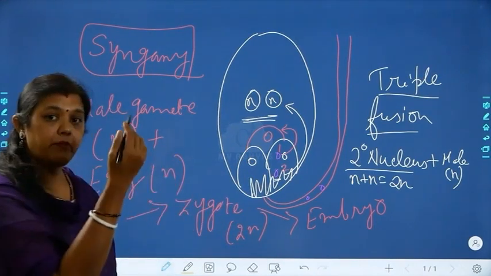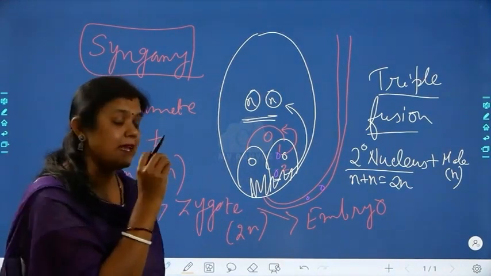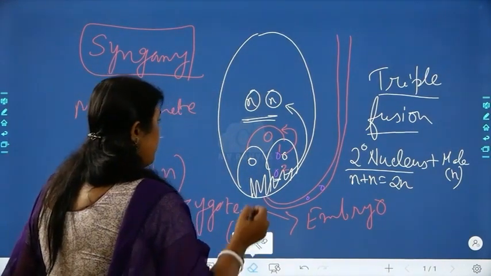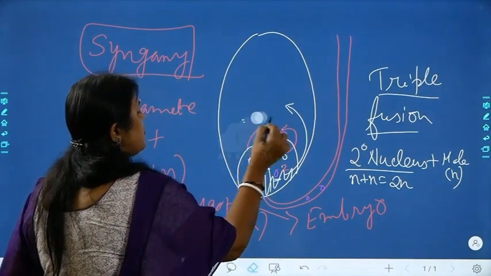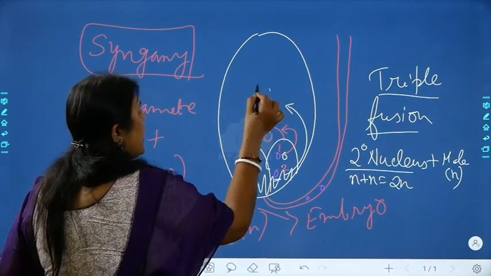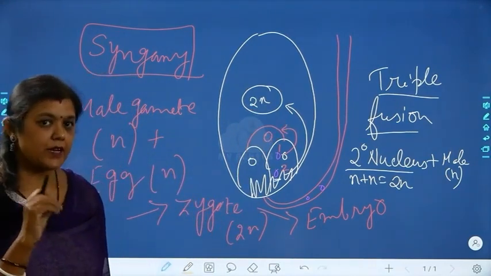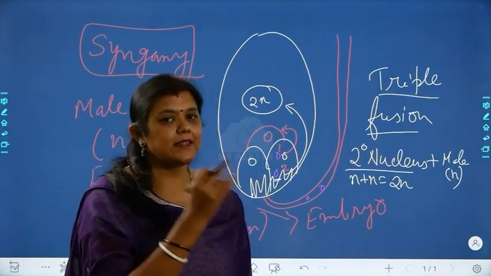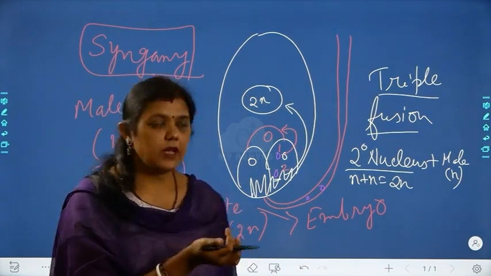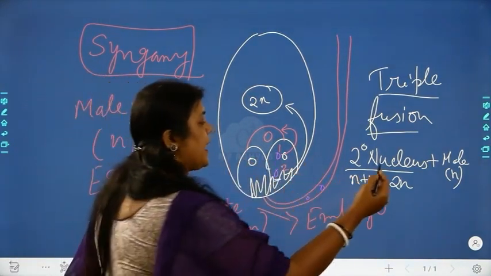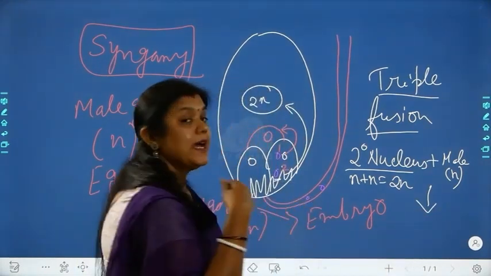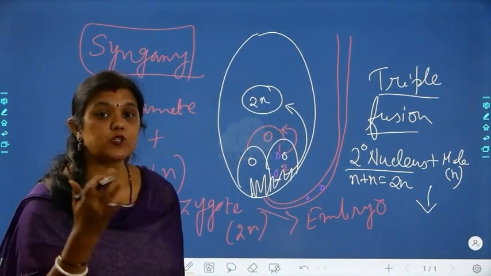Just before it gets combined with the male gamete, these two fuse together and form one single cell, and obviously the ploidy becomes 2n. So this 2n will combine with another male gamete.